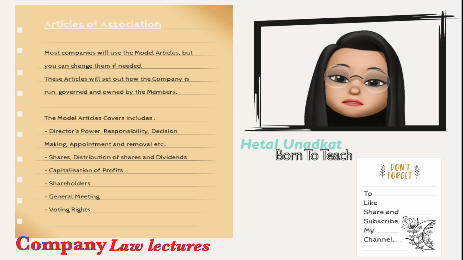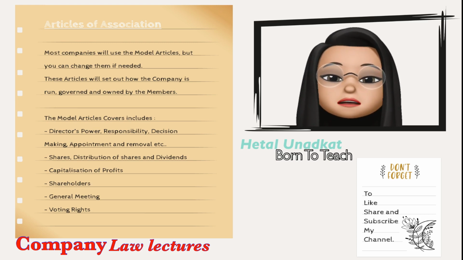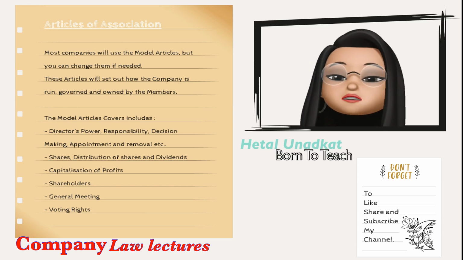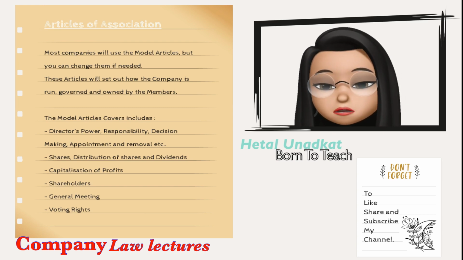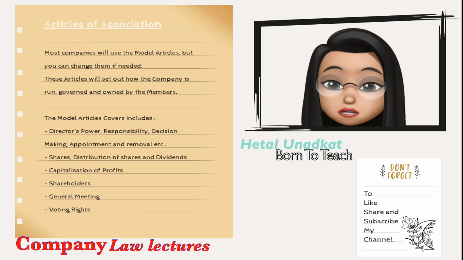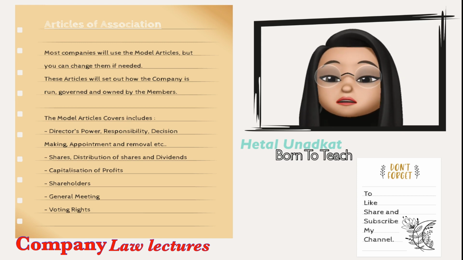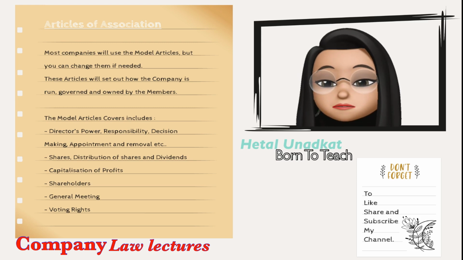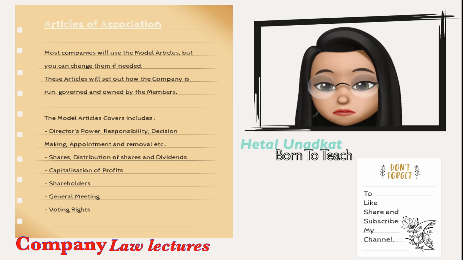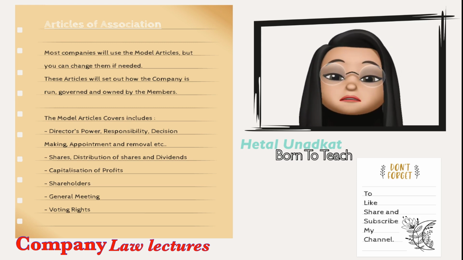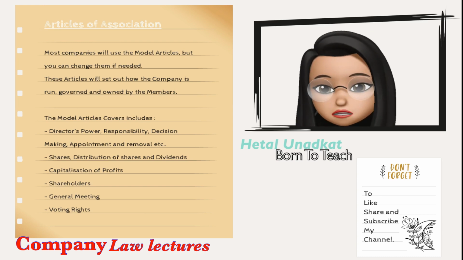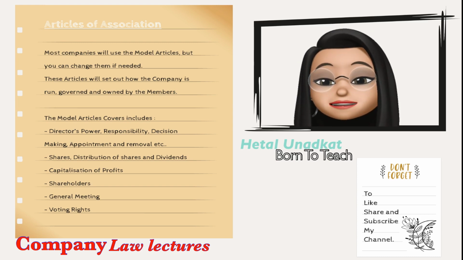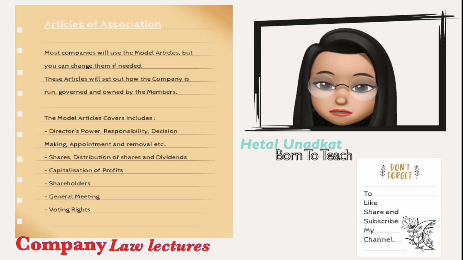There is no compulsory requirement to adopt that model. Basically, the Articles of Association give you the rules and regulations for the company to run its daily activities. If you are curious how to run your company, you will get your answers from the Articles of Association, because it practically tells you how to run a company.